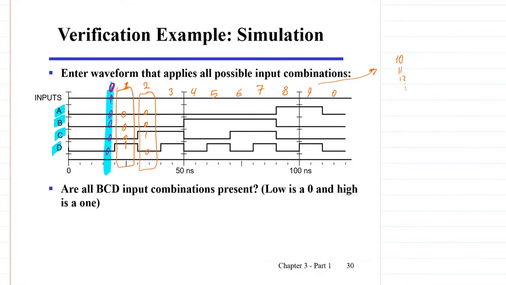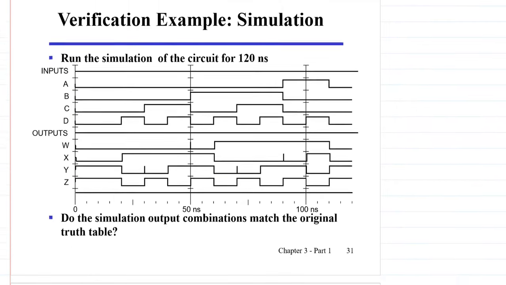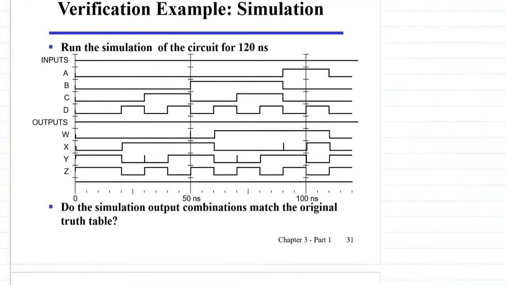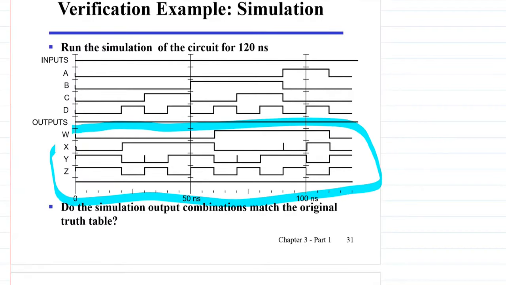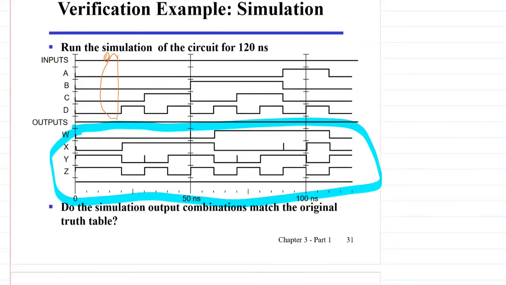So this sequence of the input signals is generated and then it is applied to the circuit, and the output signals here are generated. Now if we check the output signals for each one of those values, for example for input combination equal to 0 decimal, we have here 0011. So for 0, we have obtained 0011.